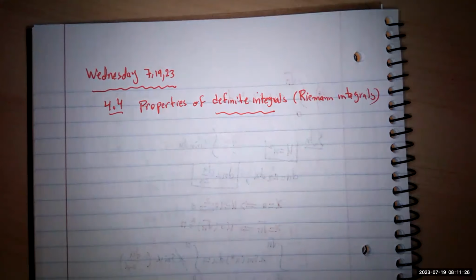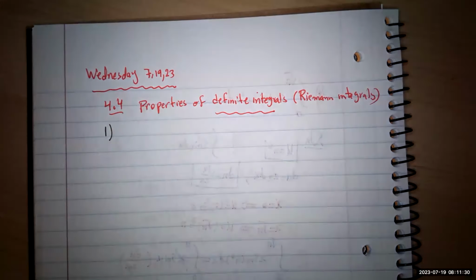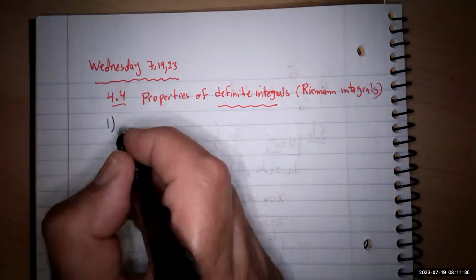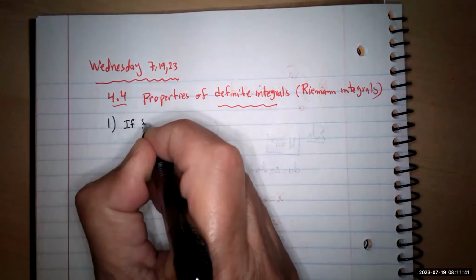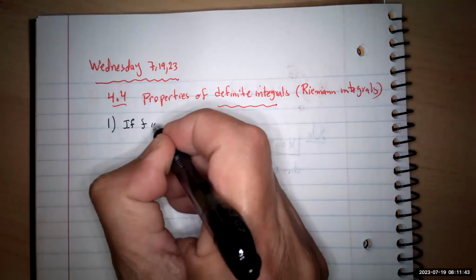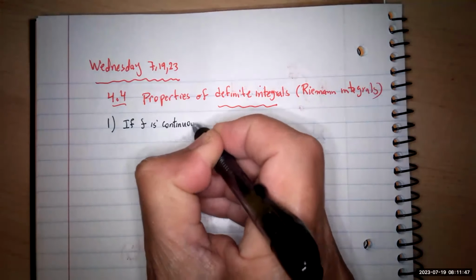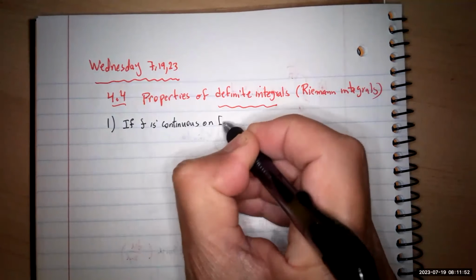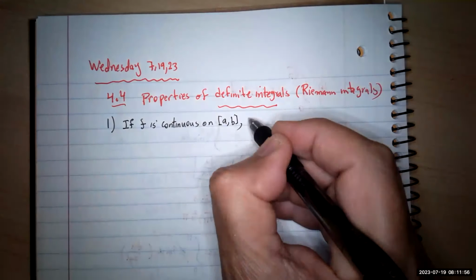The first property is the existence of this integral. If your function is continuous, this integral can be done all the time. It's guaranteed. So if f is continuous on a closed interval from a to b, then this integral exists.